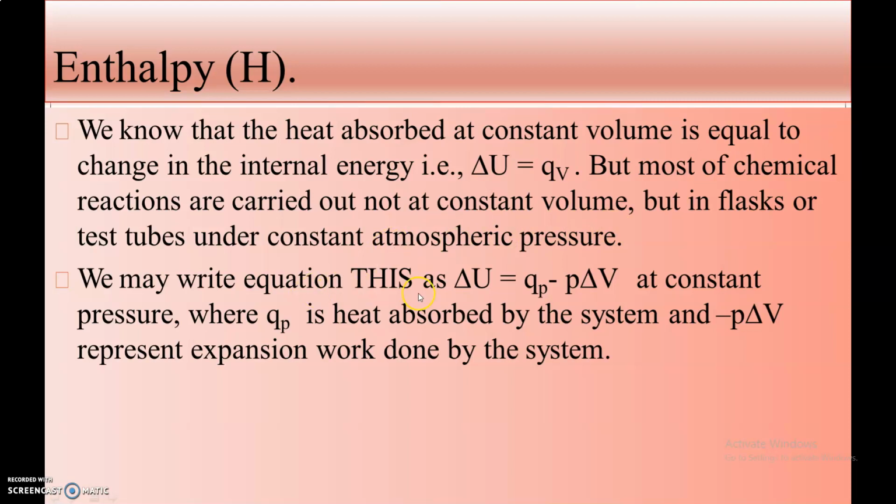So we can write delta U is equal to QP minus P delta V at constant pressure, where QP is the heat absorbed by the system at constant pressure, and minus P delta V represents expansion work done by the system. So there won't be constant volume, so we have to consider it in terms of pressure. So QP minus P delta V.